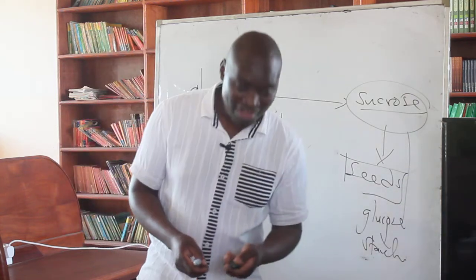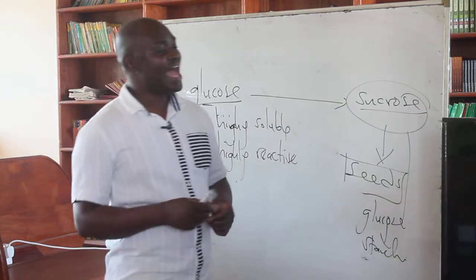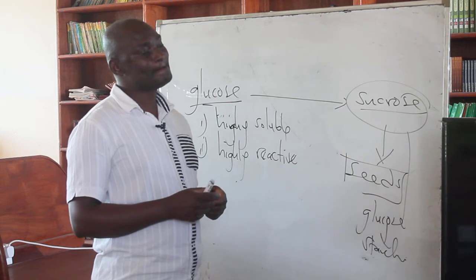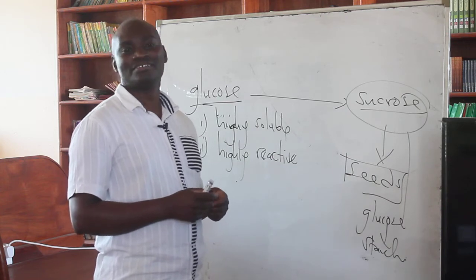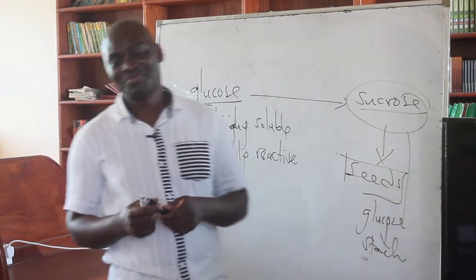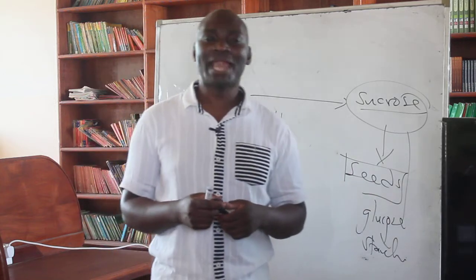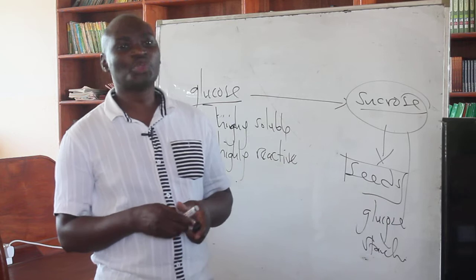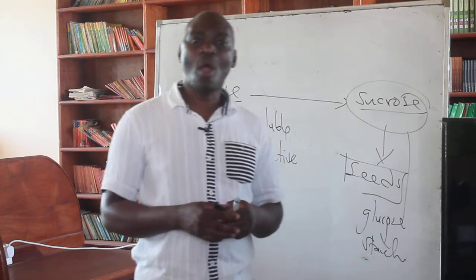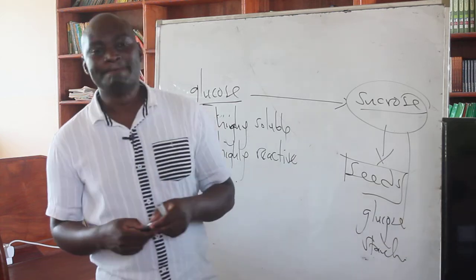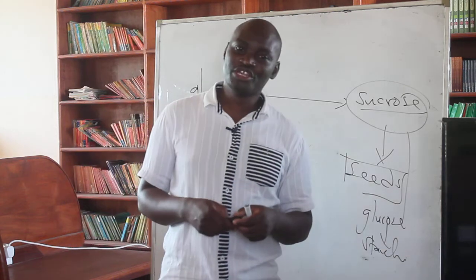Now, move on. Another area where the organic compounds produced during photosynthesis are taken within the plant are the storage organs. Storage organs are things like bulbs, like in onions.